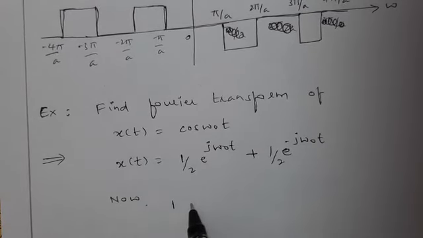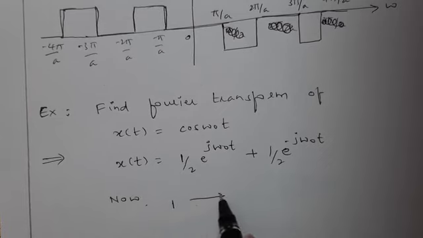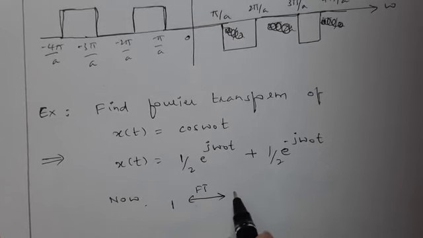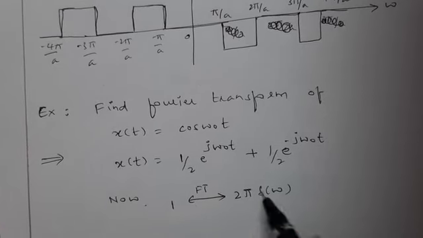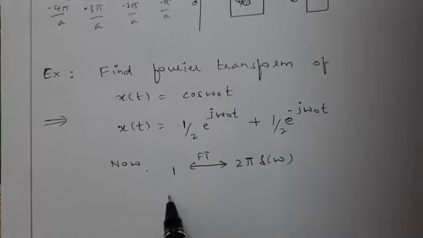Now the Fourier transform of 1 is 2 pi delta of omega. There is a property which we call the duality property.